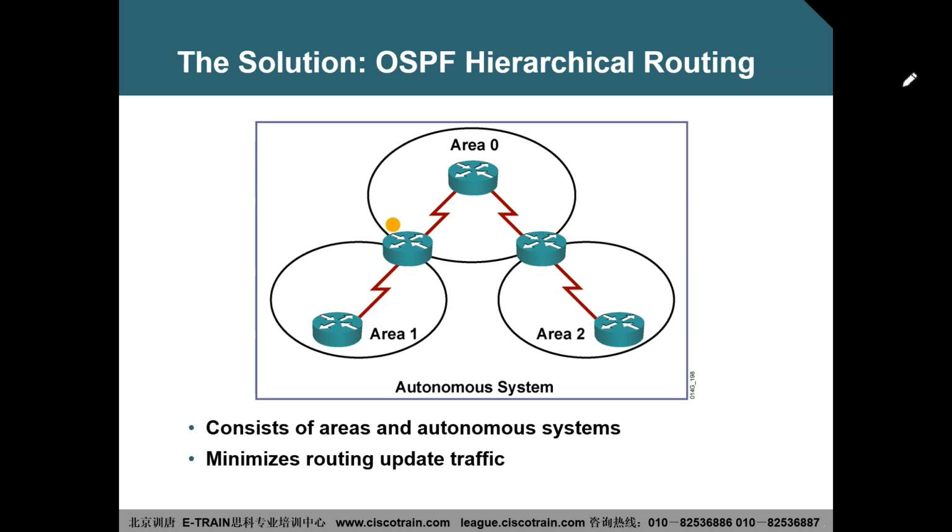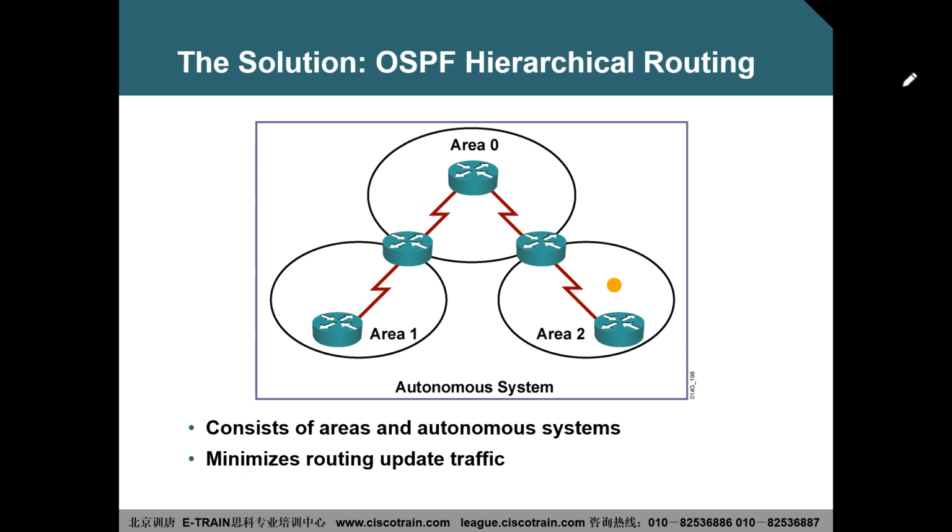So we do summarization on these border routers. The area border router is the best place to summarize. We summarize and send it to area 0, and area 0 will send it to area 2, the summary only. So the advantage is the updates that you send are also minimized.